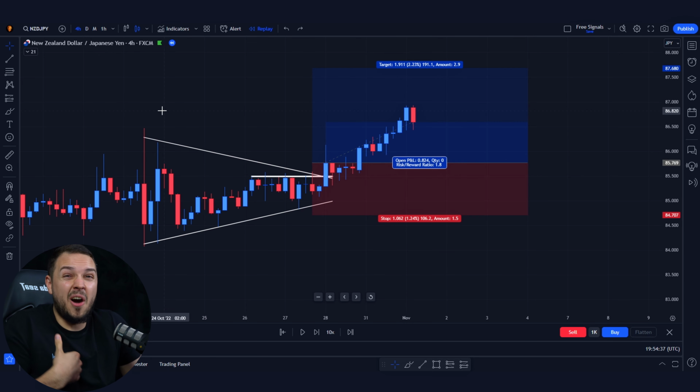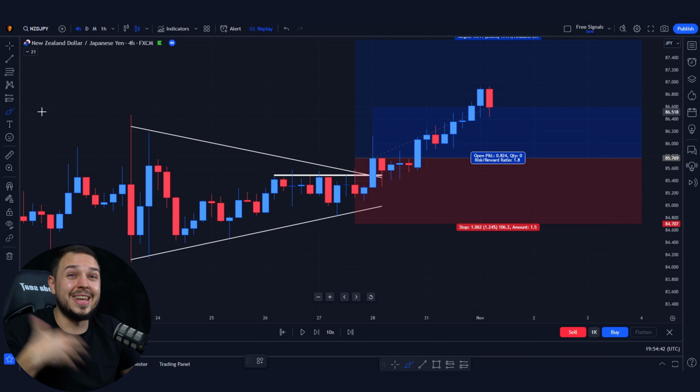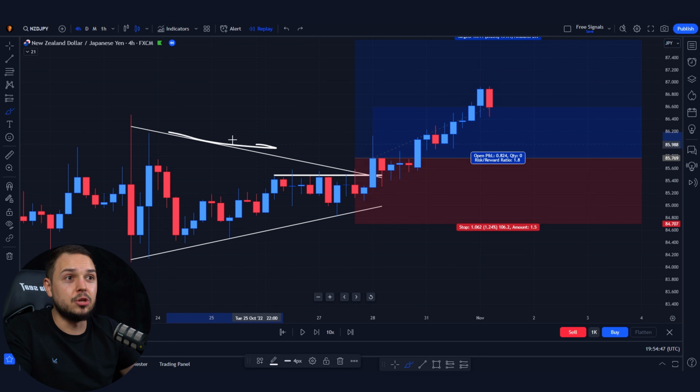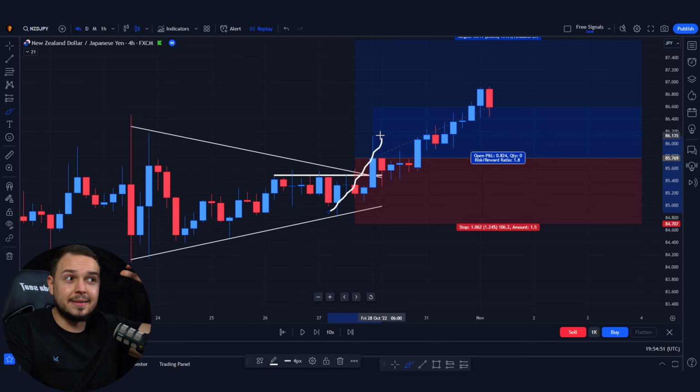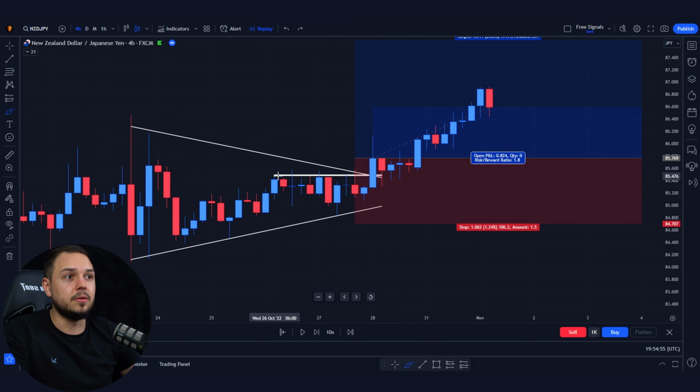Some people, and I personally, wait for an exhaustion. What do I mean by exhaustion in trend lines? Well, after the market breaks the mini trend line we had over here, after it has a push and breaks out, it typically has an exhaustion back to the previous area of sensitivity. This was the previous area of resistance and the previous mini trend line.